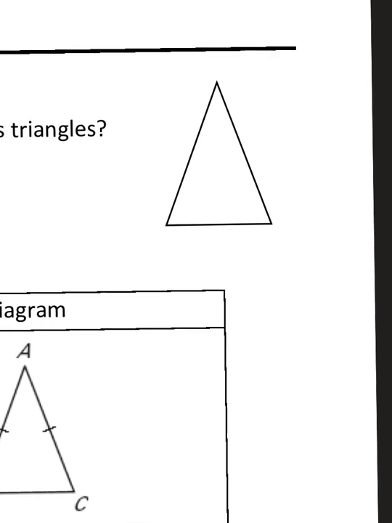Okay, so before we get into this, let's make sure that we know all of the parts of an isosceles triangle. So we're going to label them. Our two congruent sides are called legs. Okay, and then the non-congruent side is called the base. And the two angles that the base are a part of are called base angles.